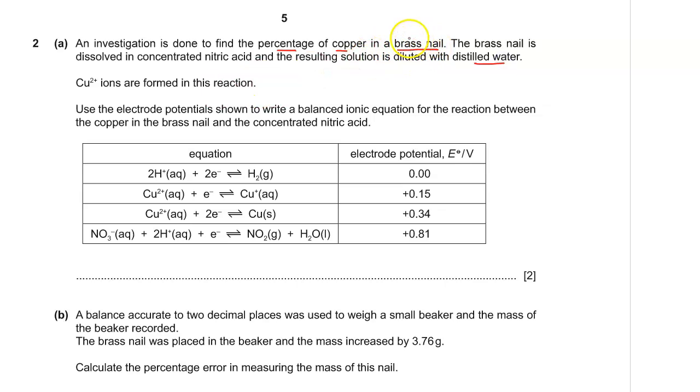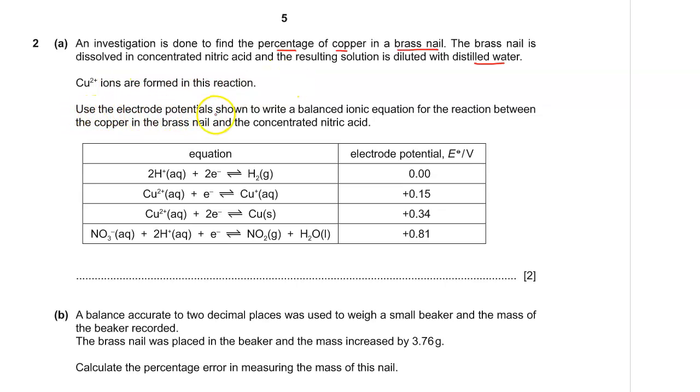Brass is an alloy of copper and some other metal. Copper ions are formed in this reaction. When brass dissolves in concentrated nitric acid, then we have copper ions right there.